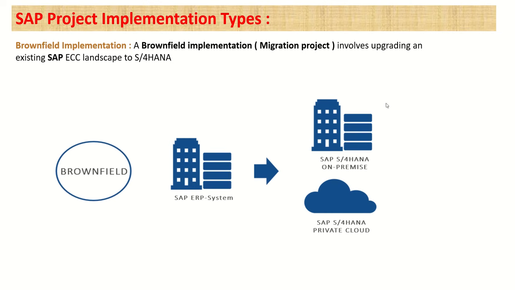So that kind of project is called an upgrade project. They're upgrading the same system from the lower version of SAP to the latest release. So brownfield is migrating from ECC to S4HANA. Upgrade is upgrading the existing system to the latest version.